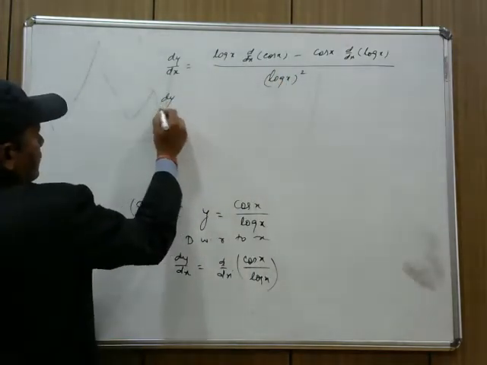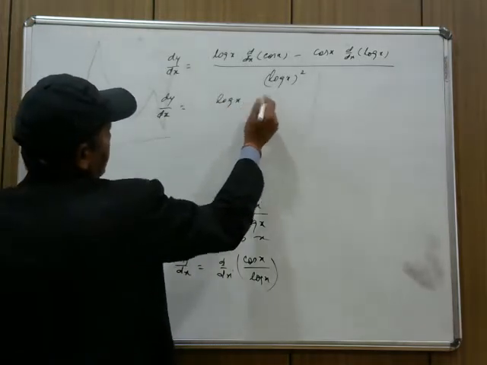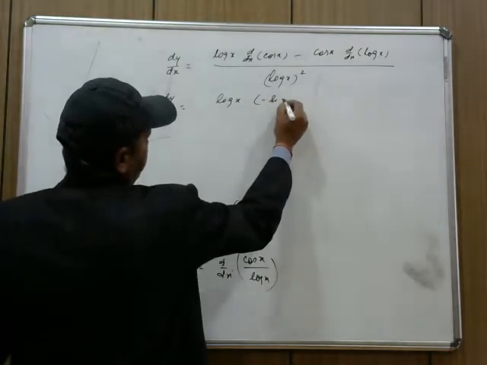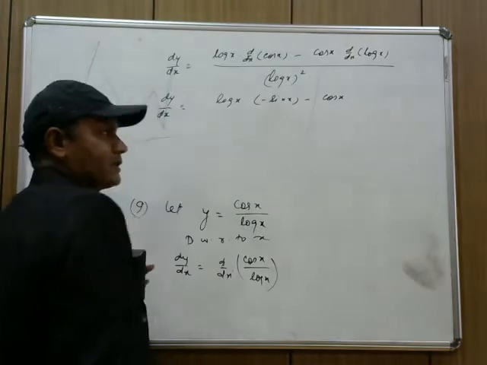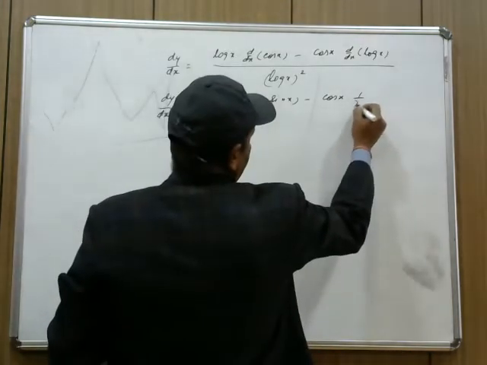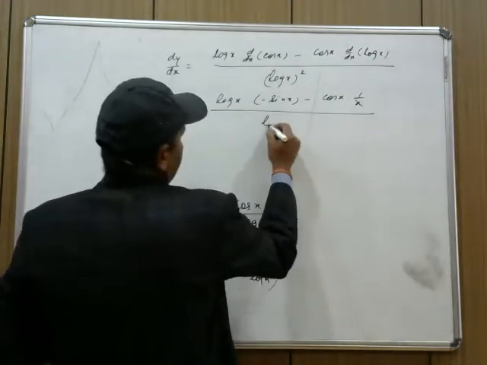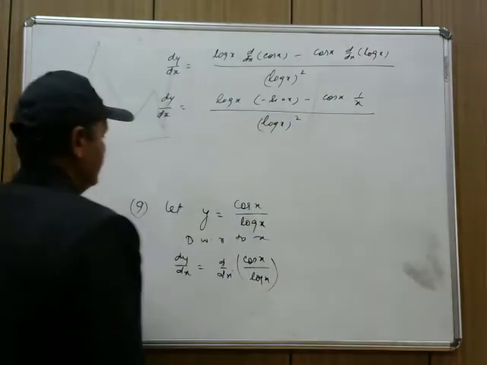This can be written now: dy by dx is equal to log x into differentiation of cos x, which is minus sin x, minus cos x into differentiation of log x, which is 1 upon x, whole divided by log x whole square.